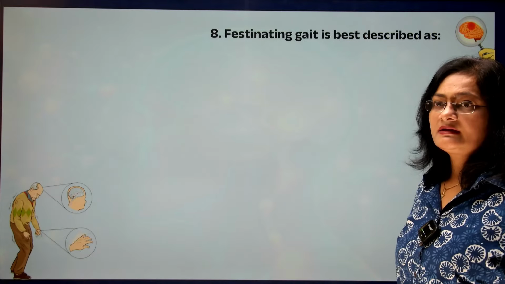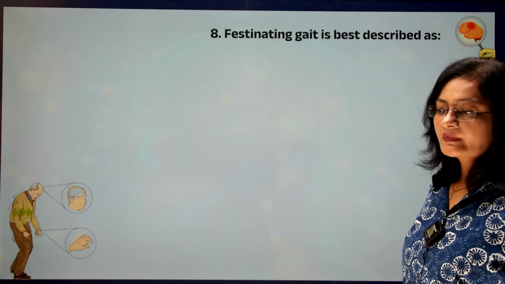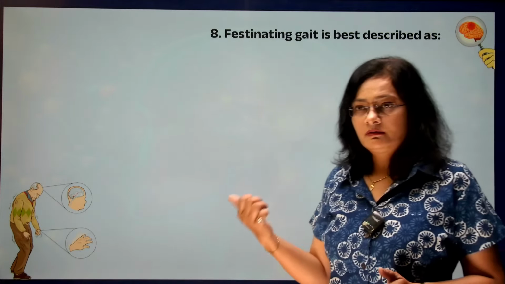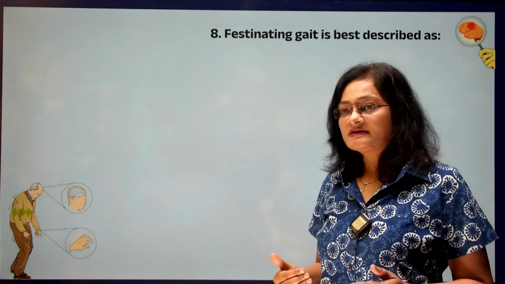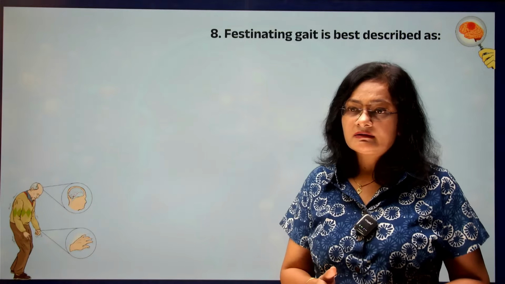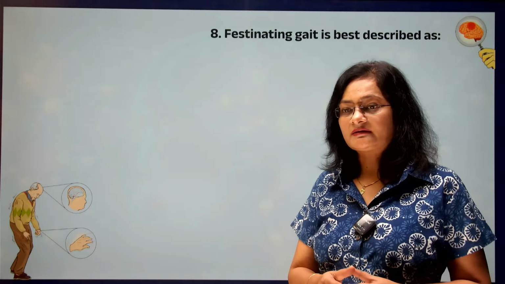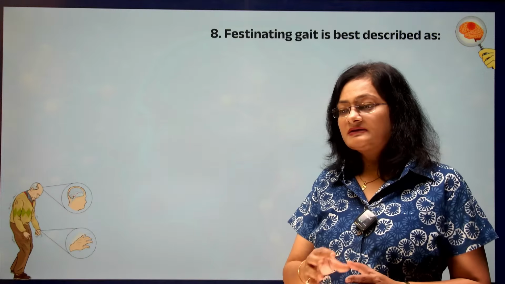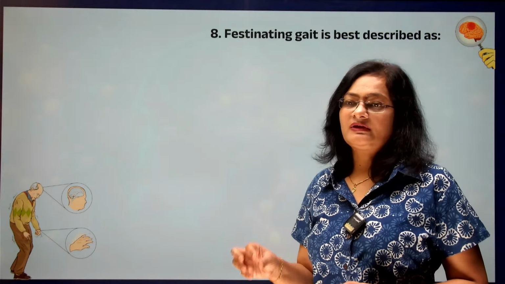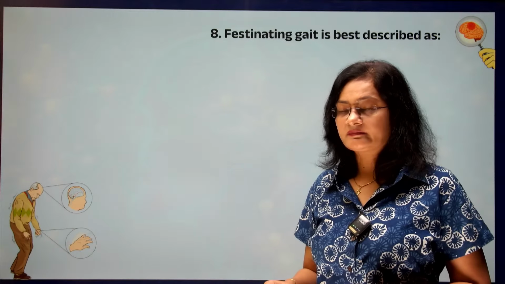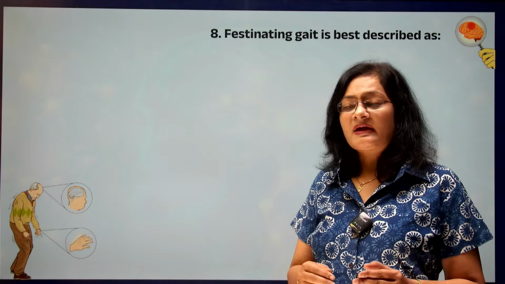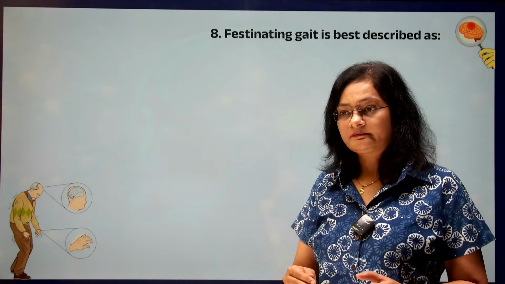Festinating gait is best described as. Before going to the choices of this question, we will discuss what is festinating gait. Festinating gait is a typical characteristic feature of Parkinson's disease, characterized by small shuffling steps.